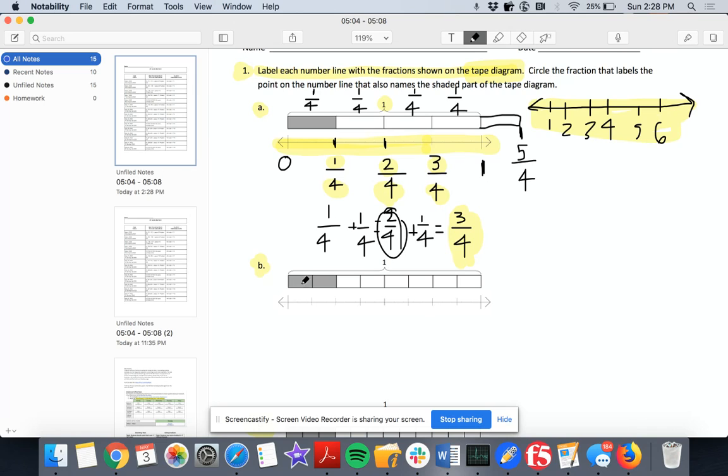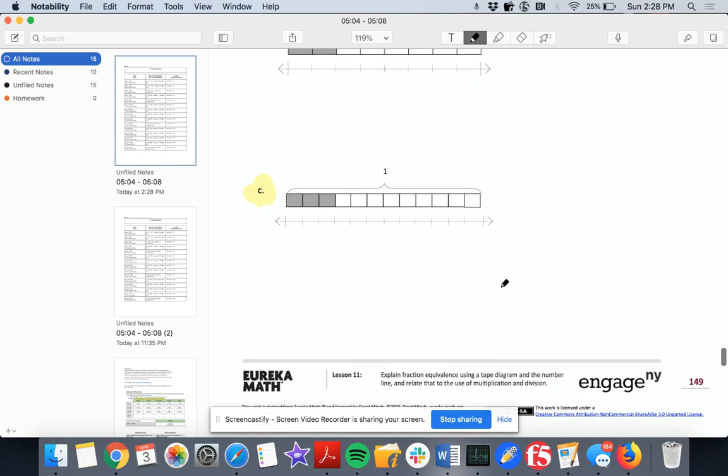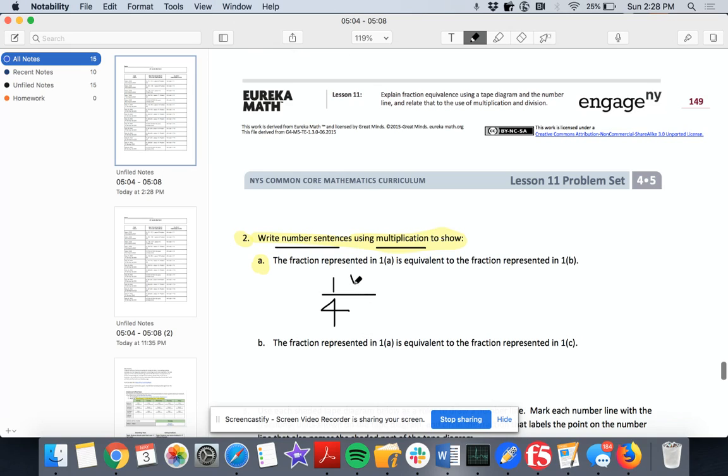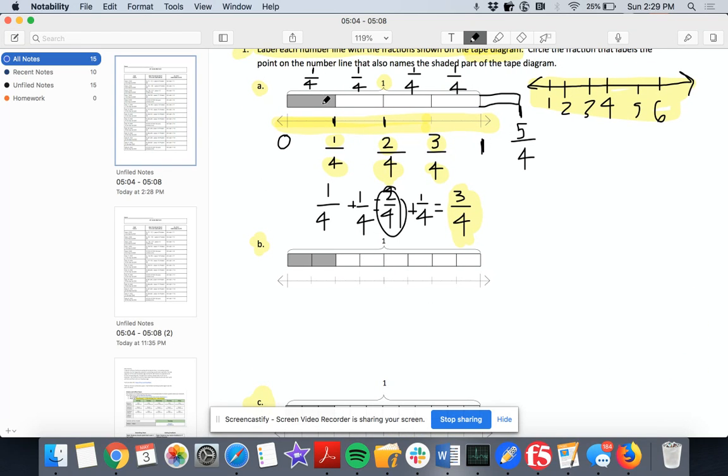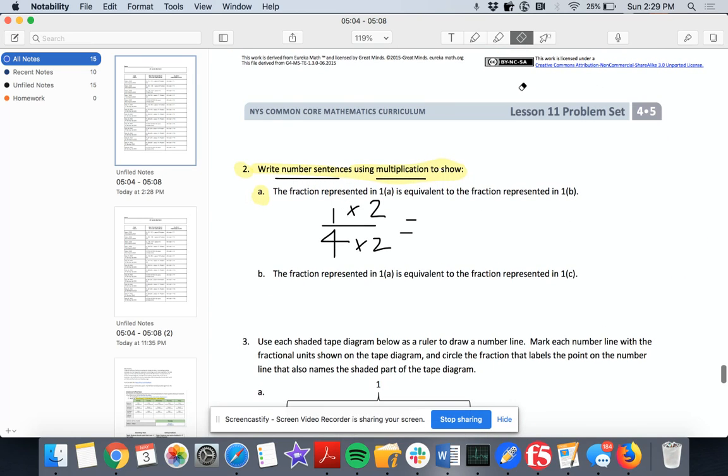And really quickly, we can see that for b, the total number of pieces is 8 instead of 4. So what would happen if I multiplied the numerator and denominator by 2? I'm deciding to multiply by 2 because essentially what they did from 1a to 1b is they just cut each piece in half again, which is why 4 pieces became 8 pieces.